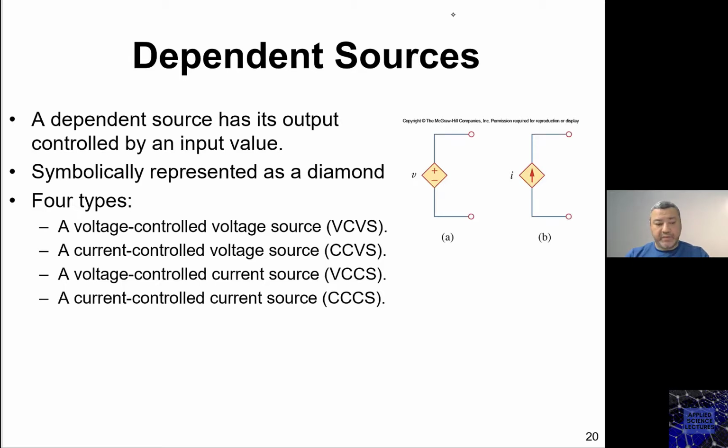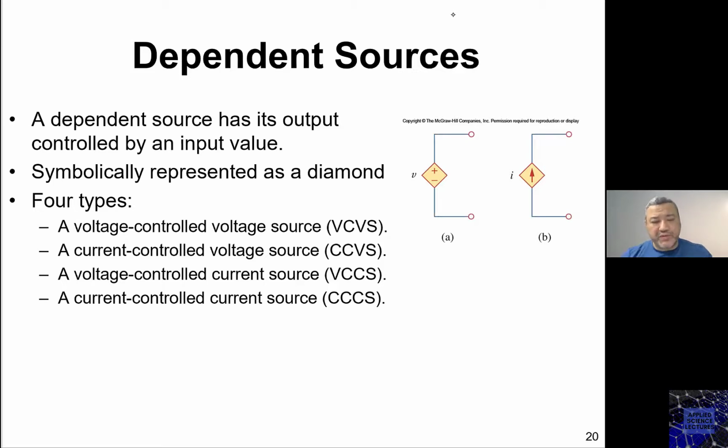Now, let's look at the dependent sources, the other types of sources that we will be dealing with. If you recall, the first type was called independent, and an independent source generates whatever value it generates, regardless of the status of the other components, based on where you put it in the circuit.